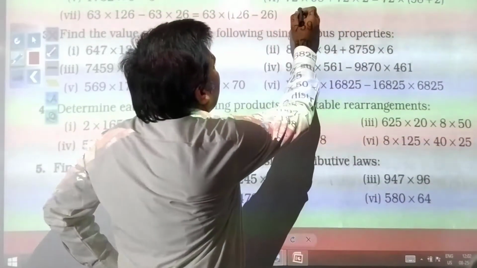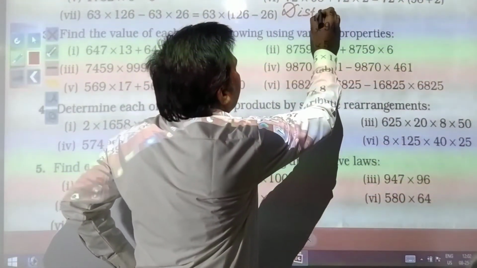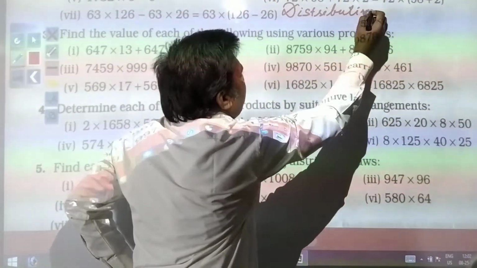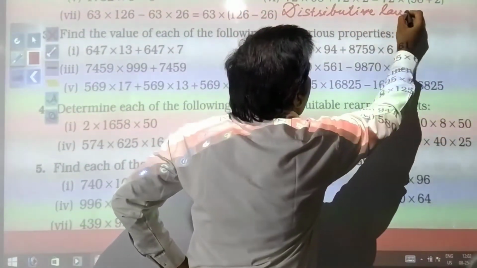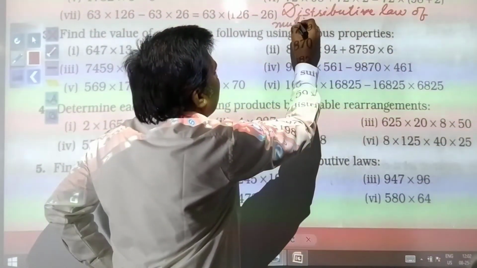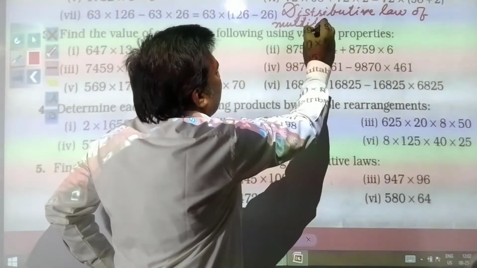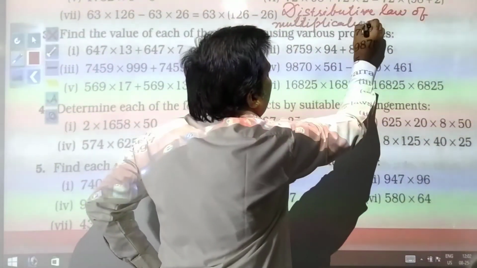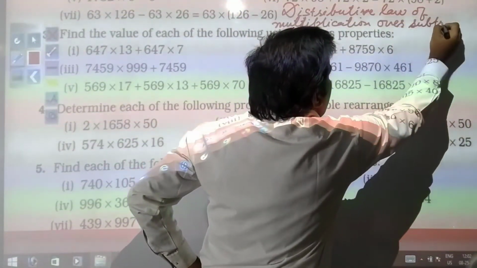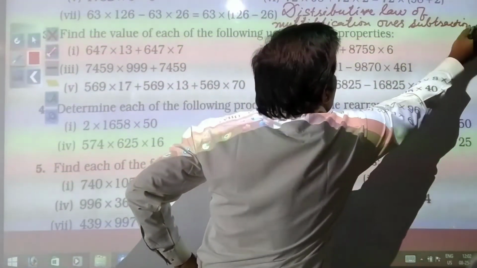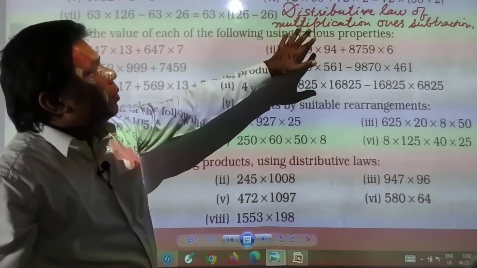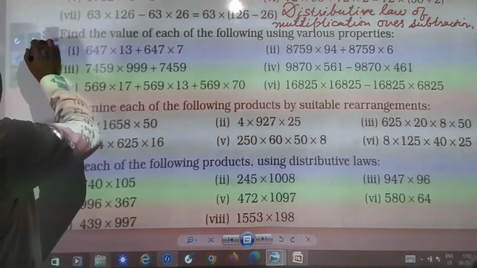So this will be distributive law of multiplication over subtraction. So here you have a minus sign, so this has been written distributive law of multiplication over subtraction.